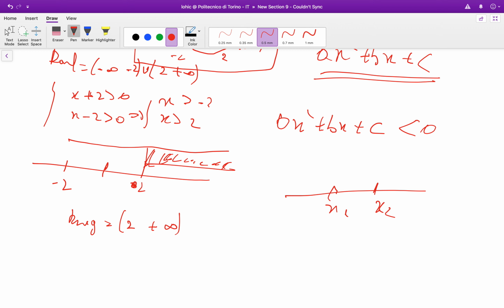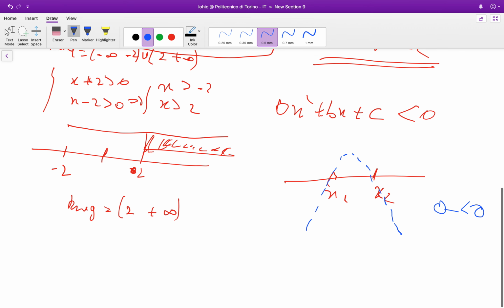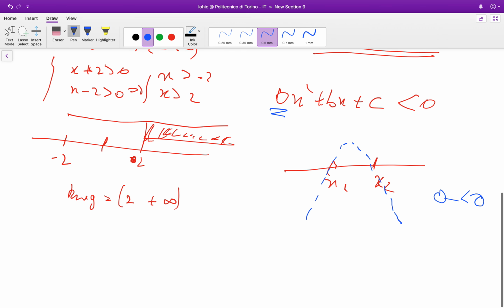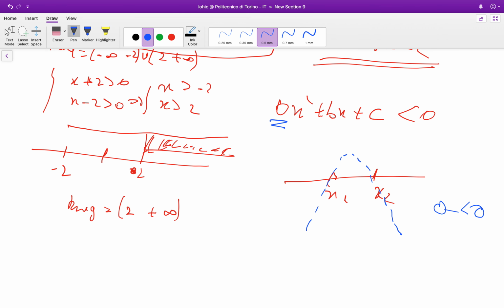Then the parabola has only two possibilities. Either it is like this, in the case where a is smaller than 0, or it is like this. So this will be x1 and this is x2, or it is like this. Is that clear? There are only these two possibilities.